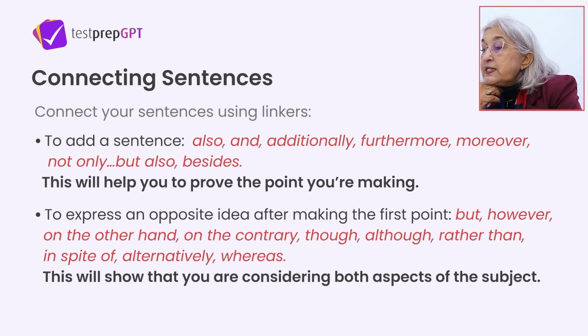When we use this phrase in spite of, so in spite of the good weather, that means even though there was good weather, in spite of the good weather, the crops did not flourish. So you can say that in spite of certain circumstances.